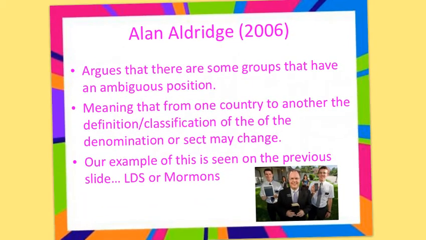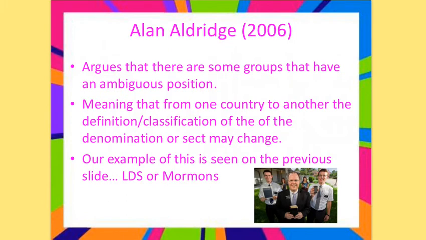Now, the reason why I've covered that is because Alan Aldridge argues that there are some groups that have a very ambiguous position, meaning that from one country to another, the classification of the denomination or sect will change. The example we can see is the one from the previous slide, the LDS or the Mormons, who just do not have a clear definition as to where they fall.